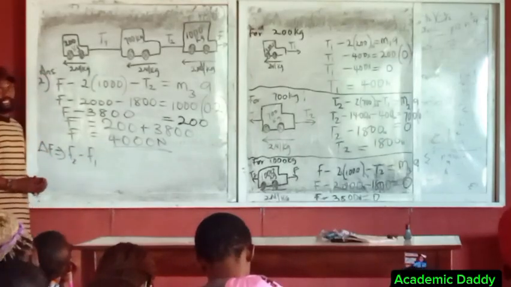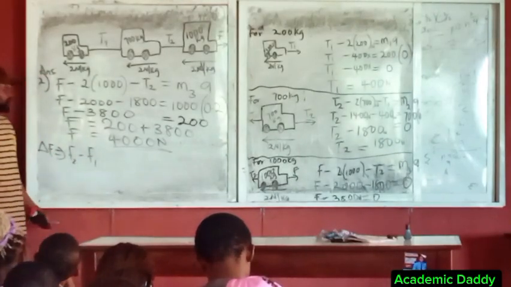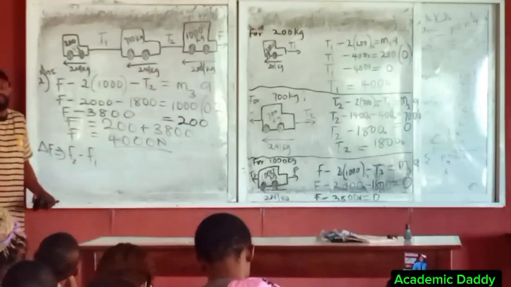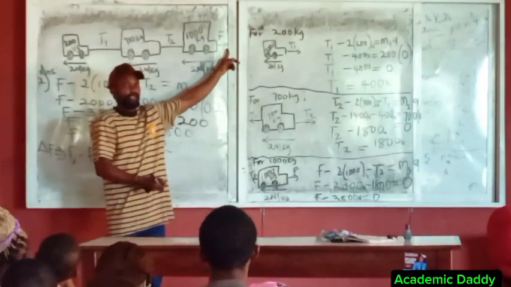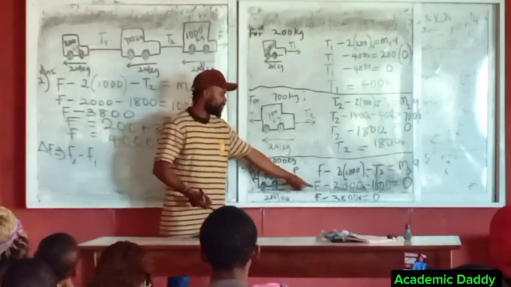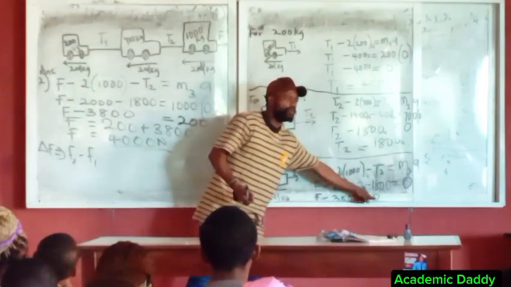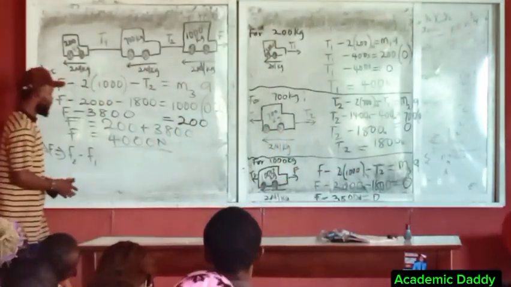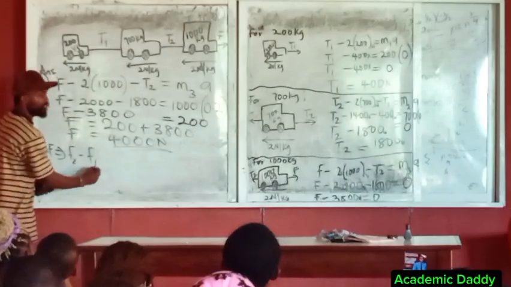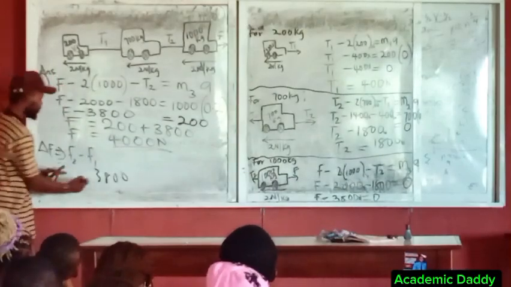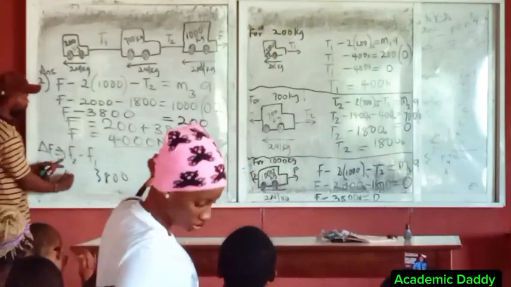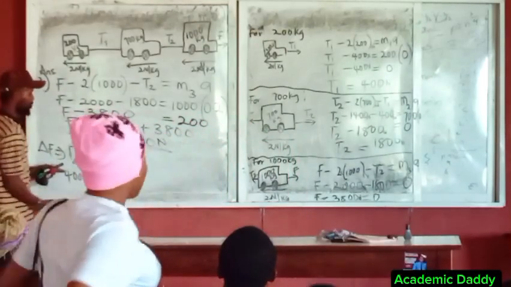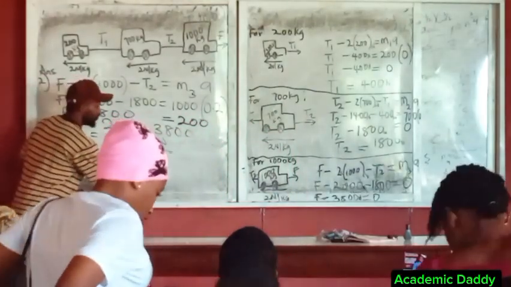We can say the change in the pulling force, because remember that this is the pulling force, when it is at acceleration of 0 is 3,800, and when it is at acceleration of 0.2, it's giving me 4,000. So by the time I subtract, I have just 200 Newton.